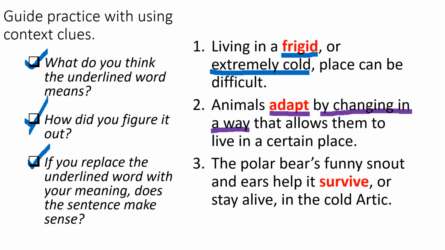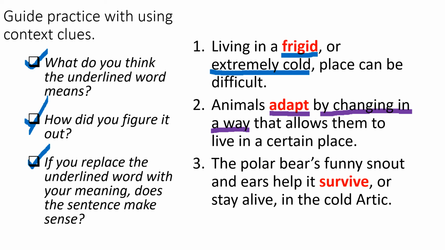So I'm thinking that adapt may mean to change. If I replace it in the sentence, let's see if it makes sense. Animals can change in a way that allows them to live in a certain place. Yes, it does make sense.